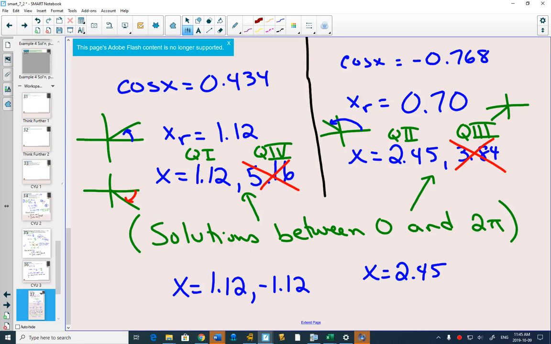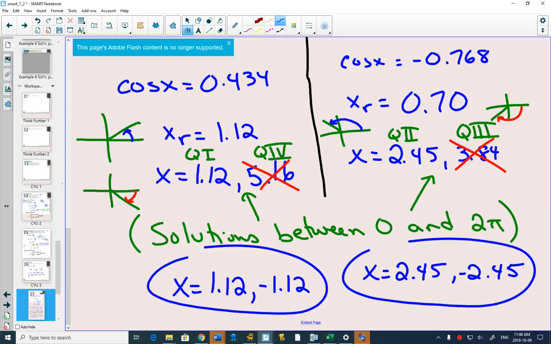But we have to get this angle as negative. It's actually not too bad. Can you see that that angle as negative is going to be identical to the other one, just negative, because it's 2 quadrants in the negative direction. So it'll be 2.45 as well, but negative. So now we have our solutions in the domain that they asked for.